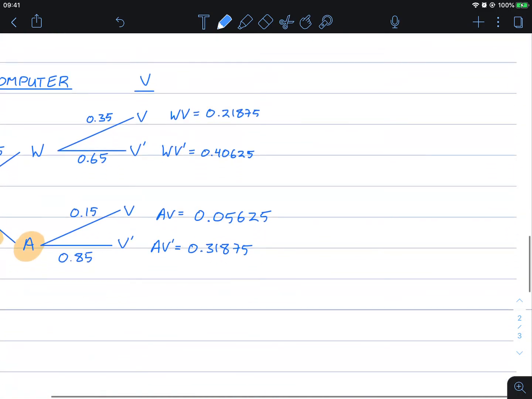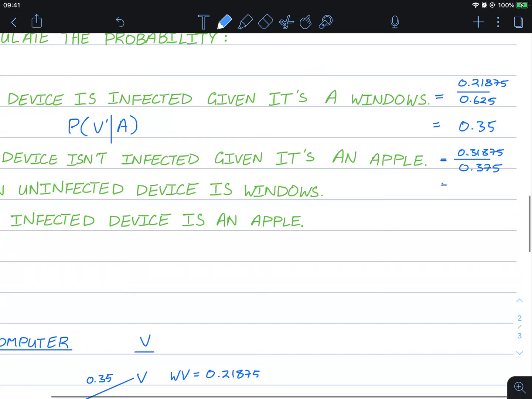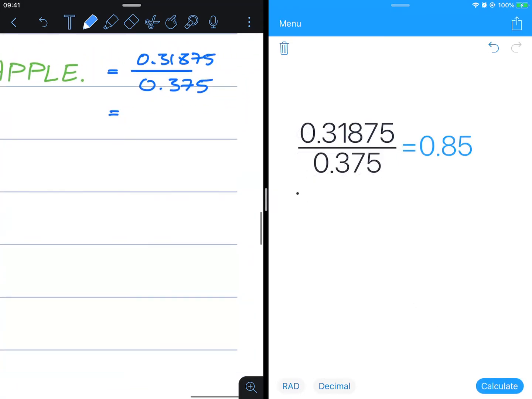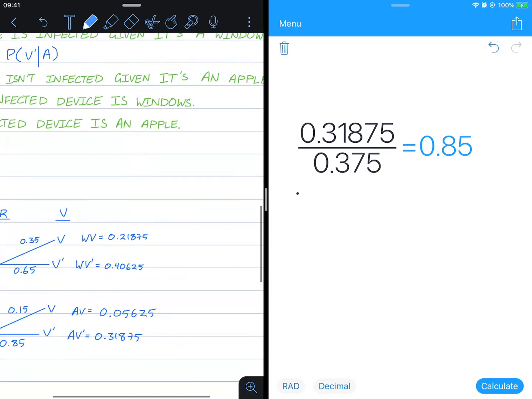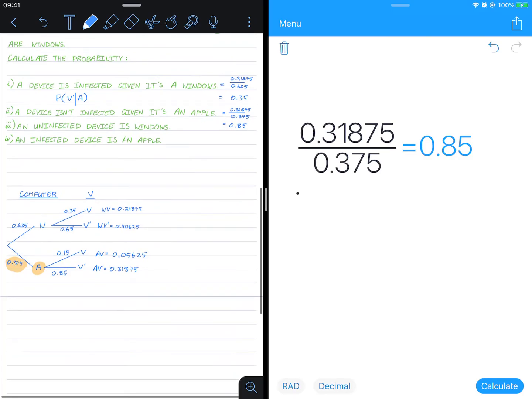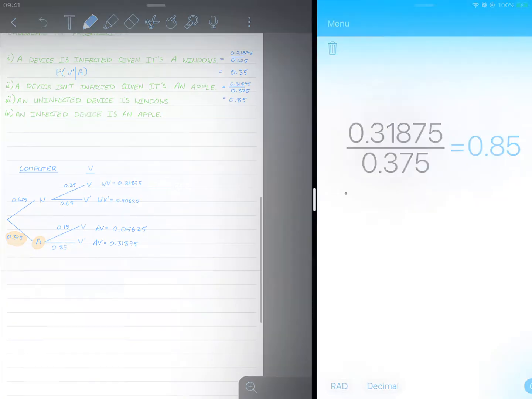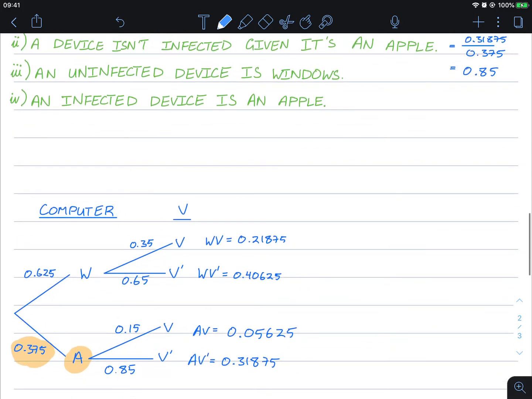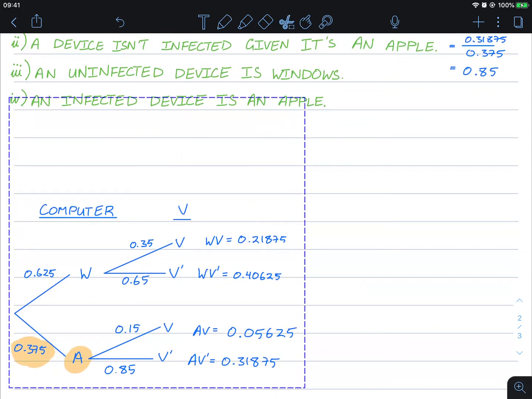Calculating that, we get 0.85. There's an 85% chance that if you pick up an Apple device in this company, it isn't infected.